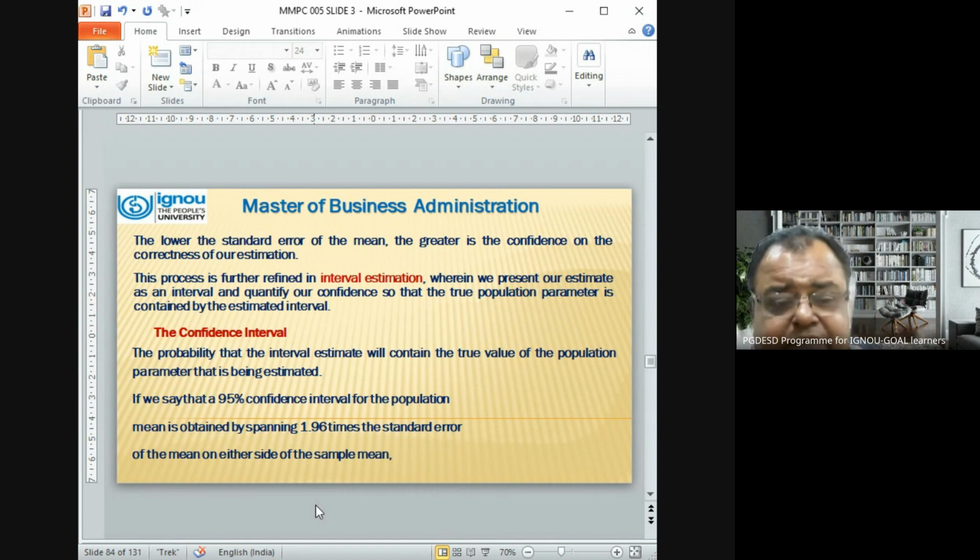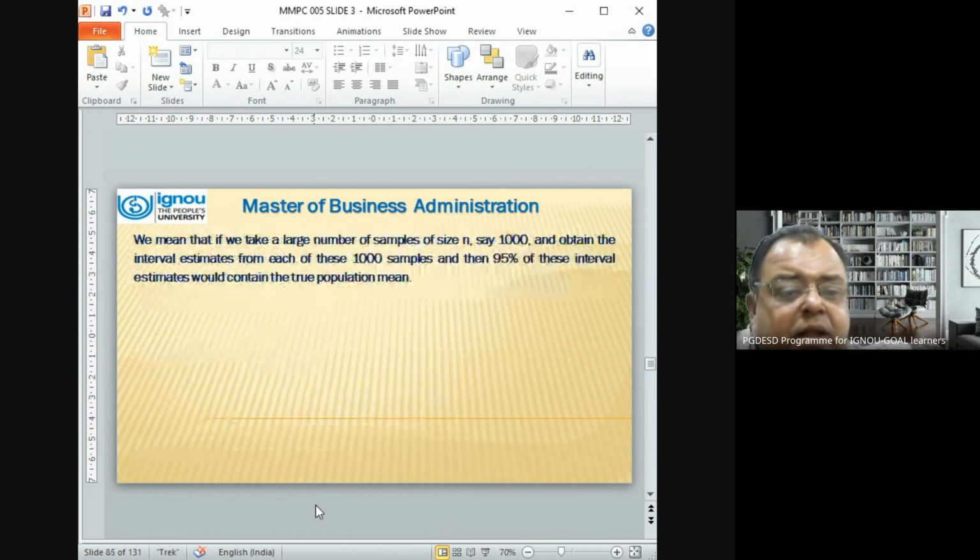Again, I'm repeating, the 95% confidence interval for the population mean is obtained by spanning 1.96 times the standard error of the mean on either side of the sample mean. We mean that if we take a large number of samples of size n, say 1000, and obtain the interval estimates from each of these 1000 samples, then 95% of these interval estimates would contain the true population mean.